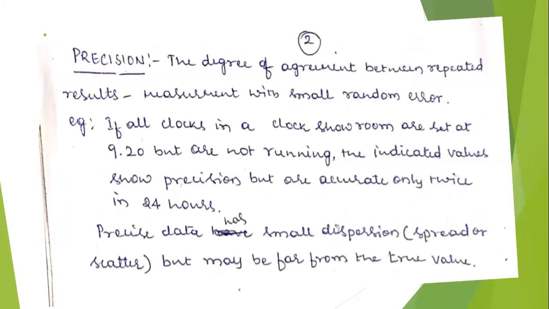The question in the examination will be like this: write a short note on the following, any four, or explain briefly any four. In this, you can write any four, maybe calibration, accuracy, precision, hysteresis, or any four. Explain in your own sentences.